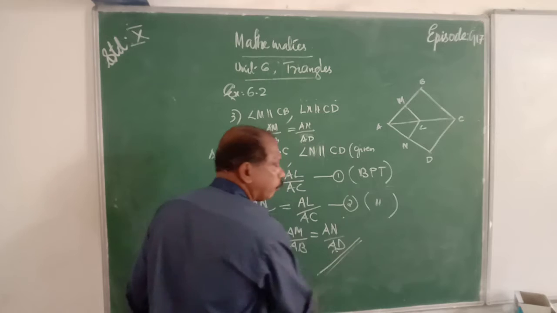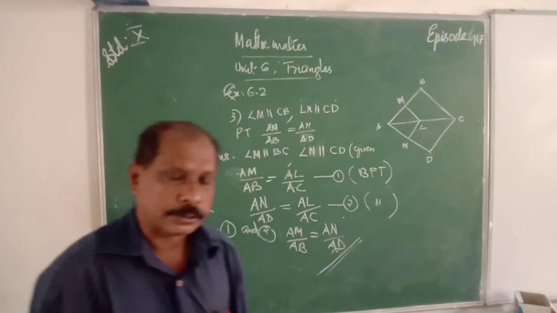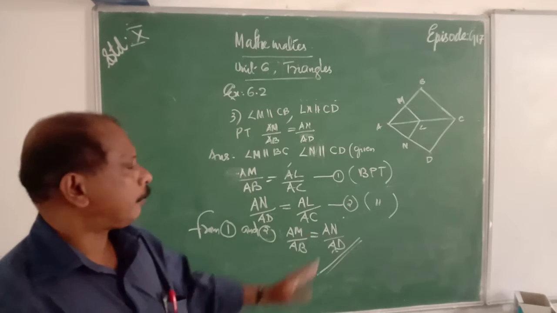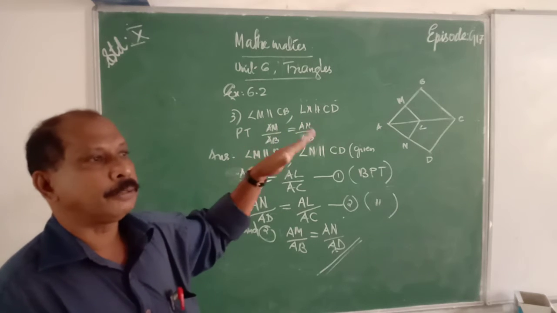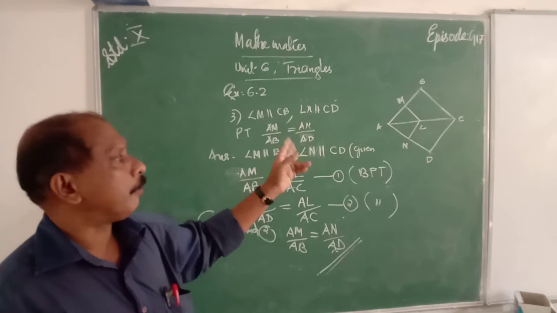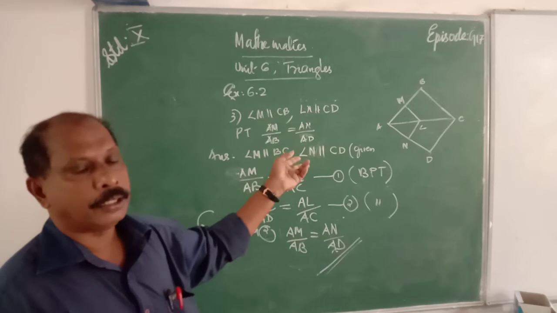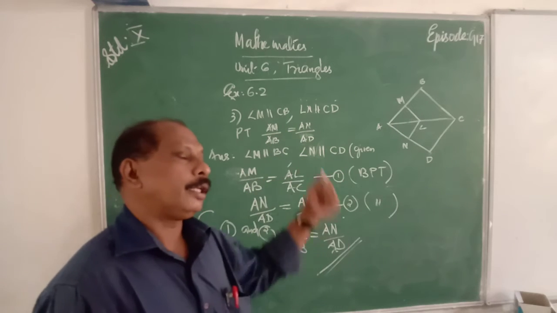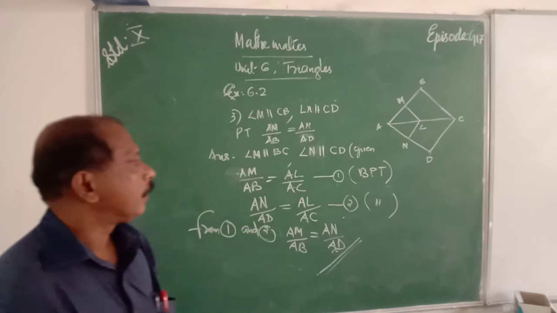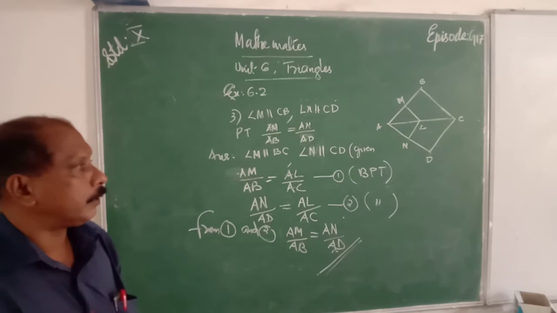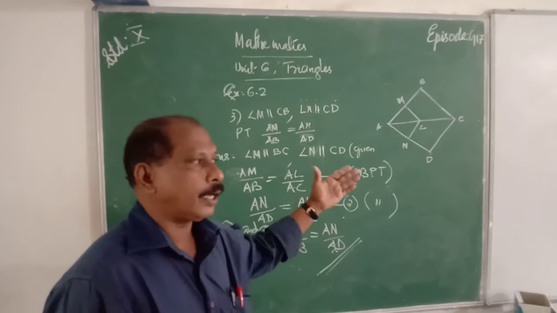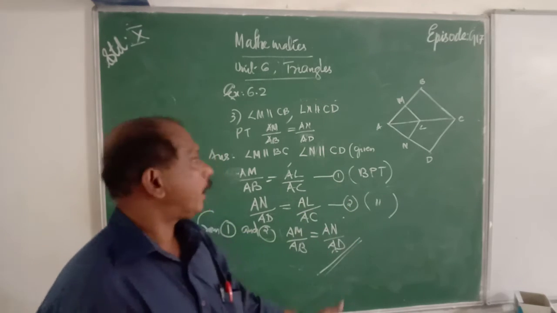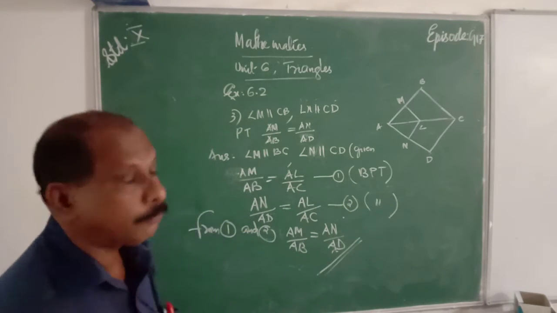That is the proof of this problem. Clear? For the first triangle ABC, using the basic proportionality theorem, AM by AB is equal to AL by AC. Similarly, for the second triangle ADC, AN by AD is equal to AL by AC. For the first and second equations, RHS are equal, therefore LHS are equal. That is the answer for that problem.